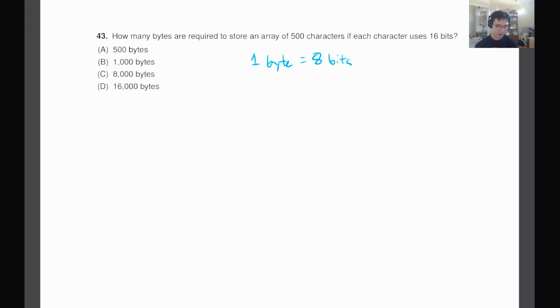You'll see the answer choices are all in bytes. So we want to get these bits into bytes. So 16 bits converted to bytes is 2 bytes. Okay. So each character uses 2 bytes.